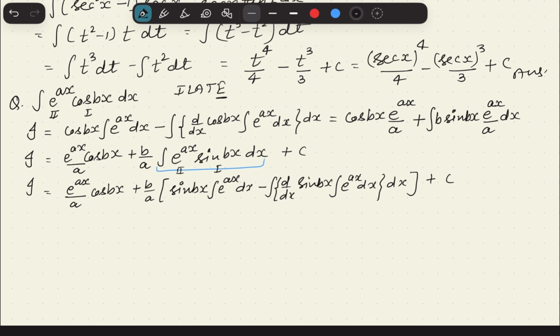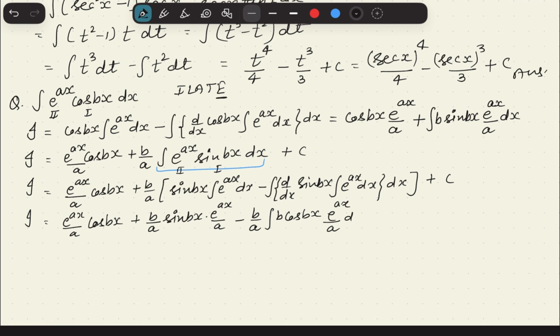Here also plus c. So I is equal to e to the power ax upon a cos bx plus b by a sin bx e to the power ax upon a minus b by a integration, this is b cos bx and e to the power ax upon a dx plus c.